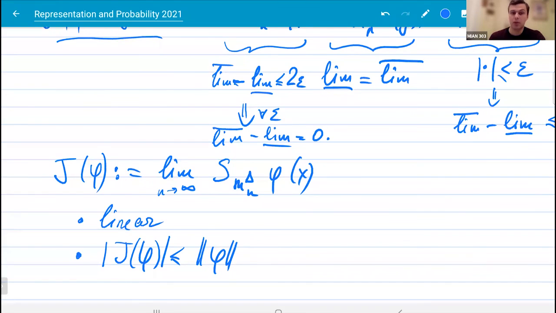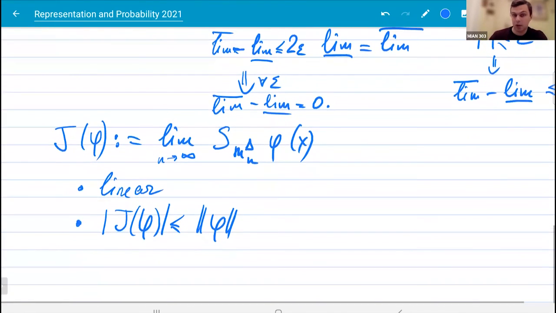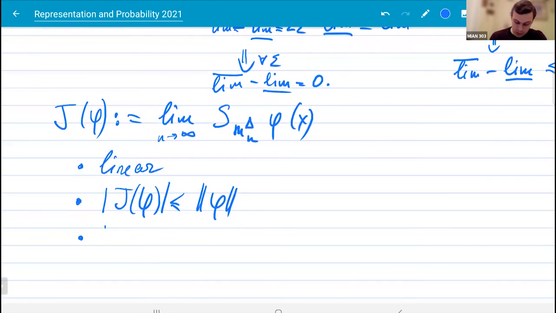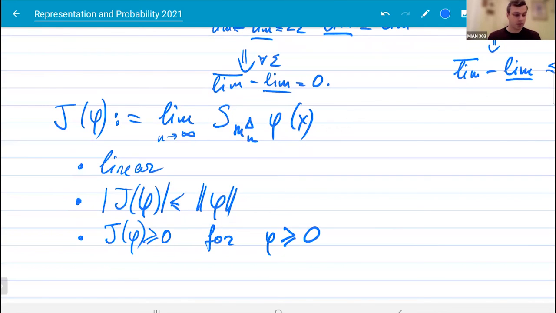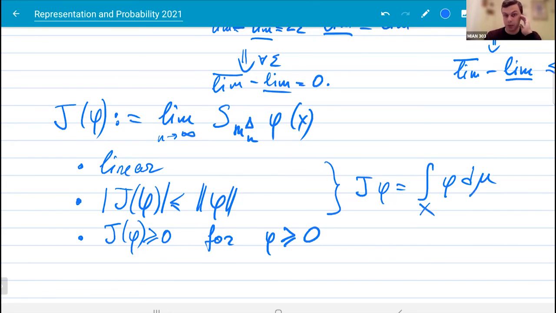Again, because the same is true for S_m n for any ergodic average, and then you pass to the limit. Then it is non-negative for a non-negative function. Again, just clear. And so the first two say that g of phi is an integral with respect to some measure.